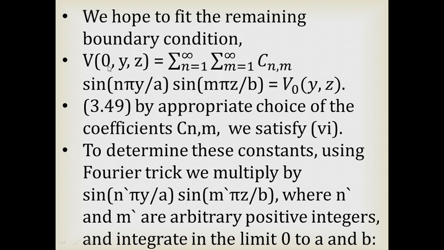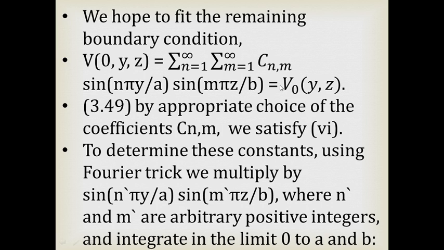So now let us fit the remaining boundary condition. V as a function of x is equal to 0, so I put 0 here, and yz, is equal to double sum, n is equal to 1 to infinity, m is equal to 1 to infinity, C nm into sine n pi y upon a, sine m pi z upon b.